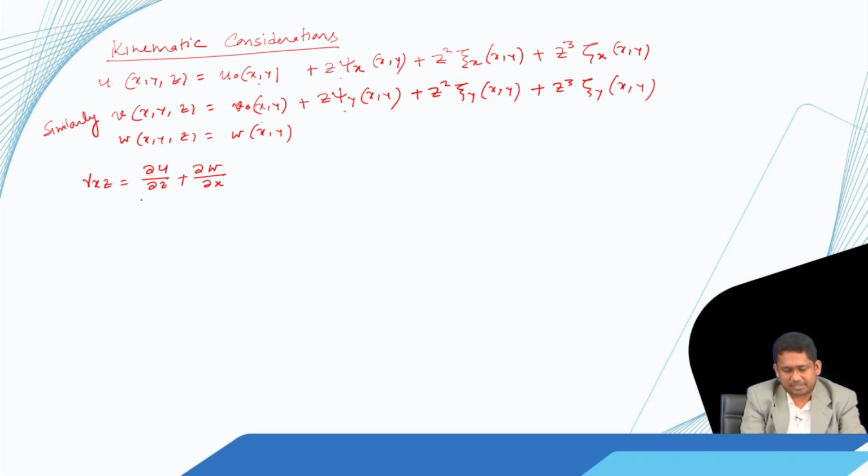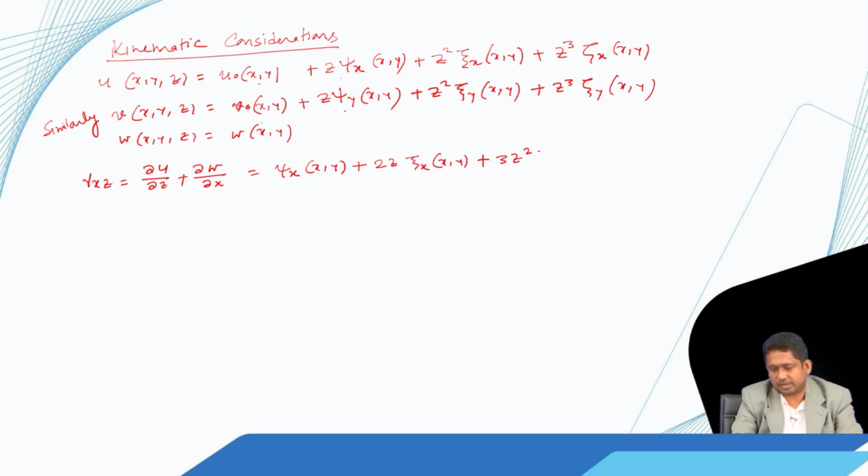Now, that is gamma xz. If I differentiate this entire thing with respect to z, it becomes psi x as a function of x, y, plus 2z into xi x, plus 3z square into zeta x as a function of x, y.